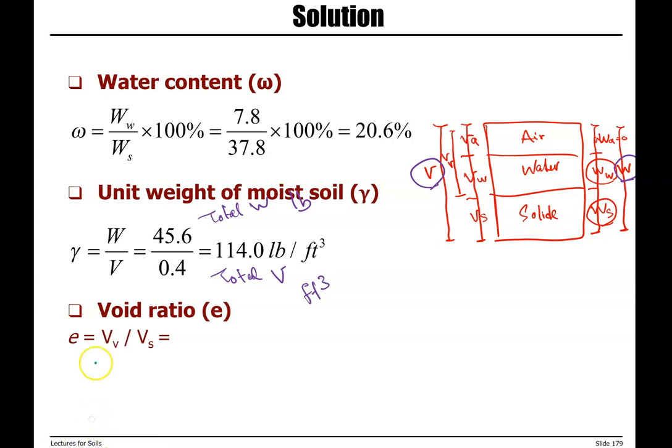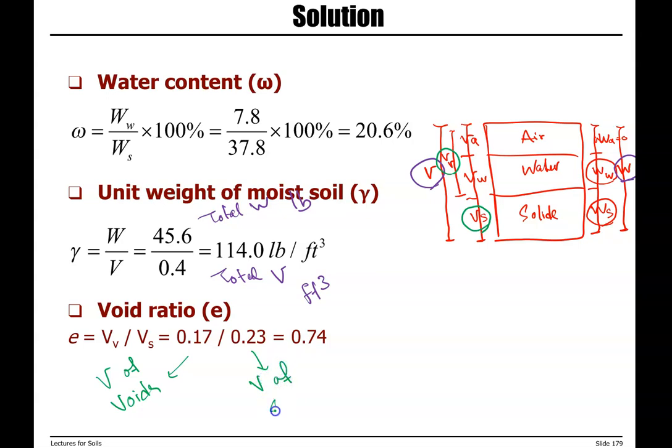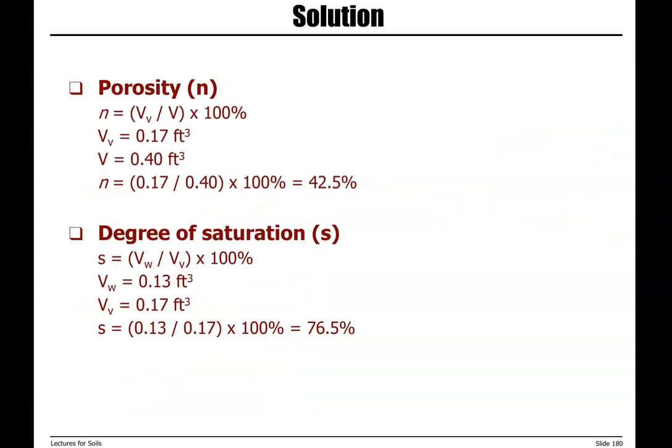Void ratio. Void ratio is volume of void divided by volume of solids. So it's volume of void divided by volume of solids. Porosity is volume of void divided by total volume times 100.